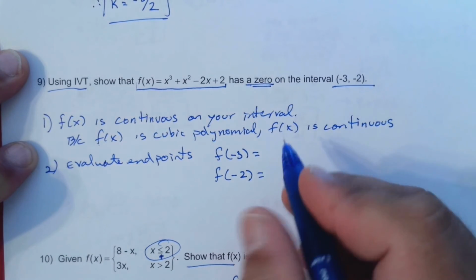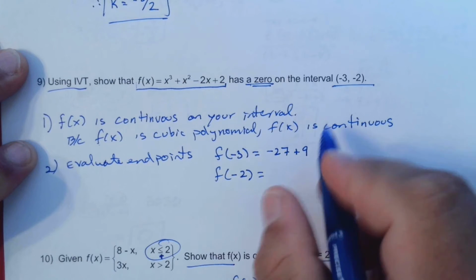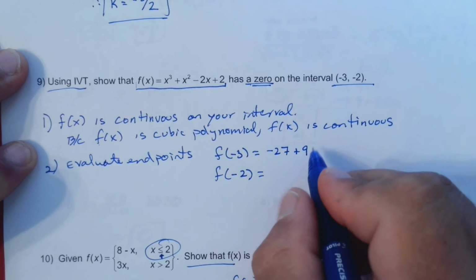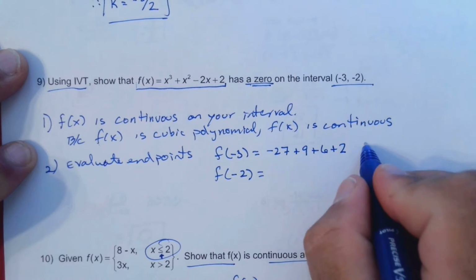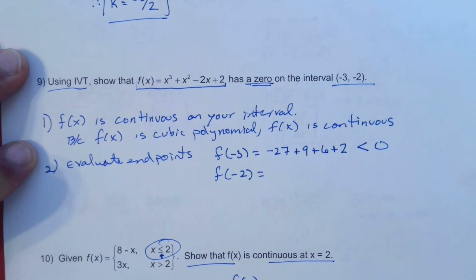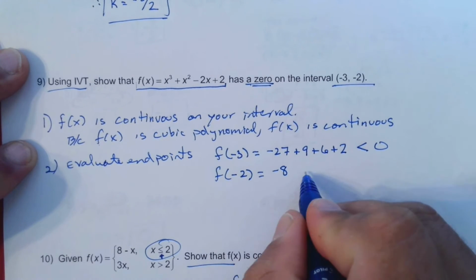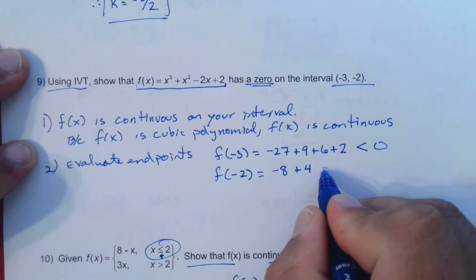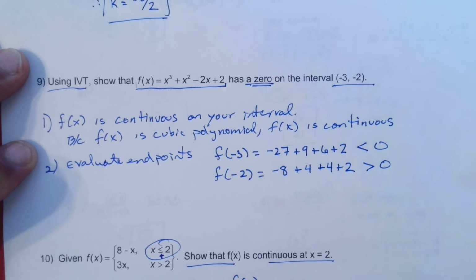If I input negative 3, that's going to be negative 27 plus 9, negative 2 times negative 3 is positive 6, and then plus 2, which I know is less than 0. If I substitute in negative 2, that's going to be negative 8 plus 4 plus 4 plus 2, which I know is greater than 0.